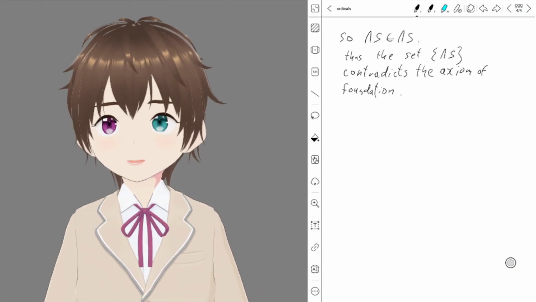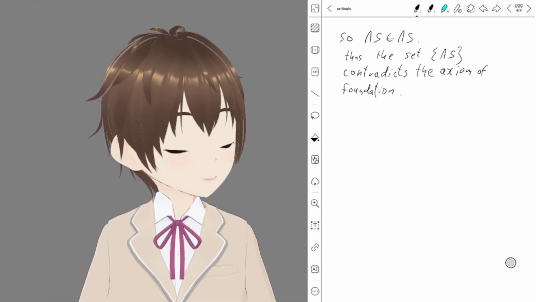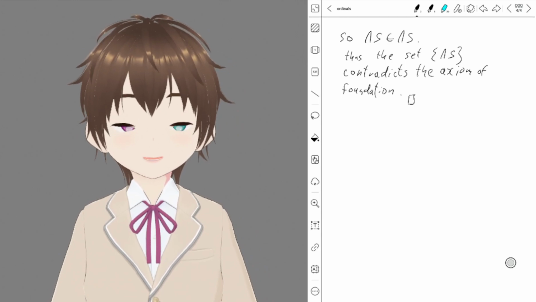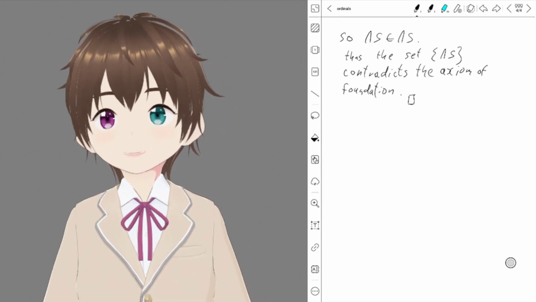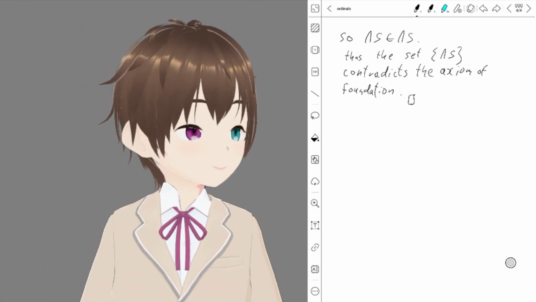And we're done, because we've just shown that if the thing is false, we have a contradiction. So now we know that any non-empty set of ordinals contains its intersection, and all its other elements contain that intersection as an element as well.